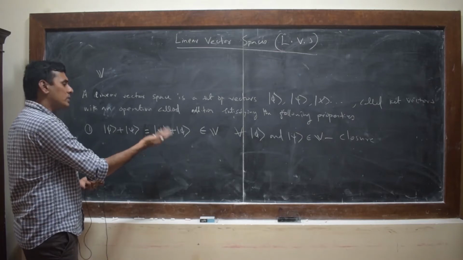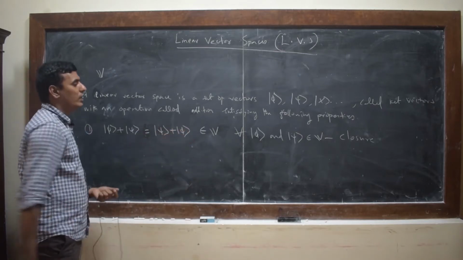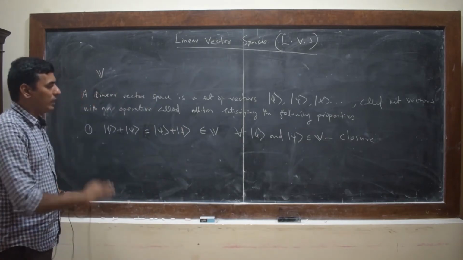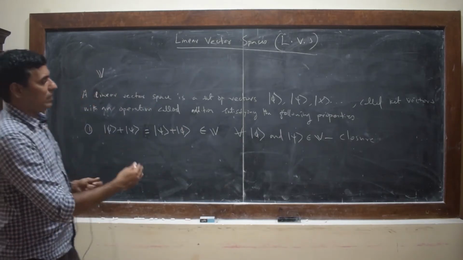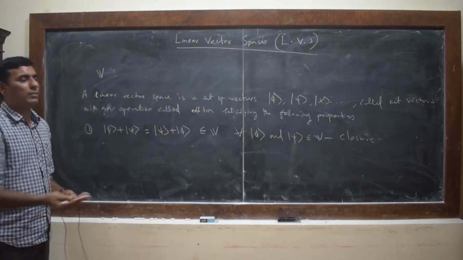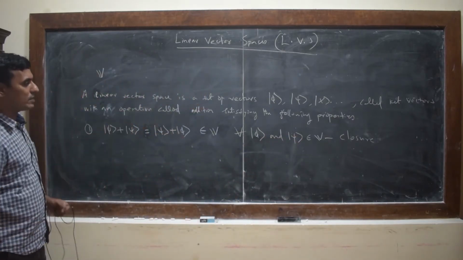I'll repeat that: if phi and psi are members of the vector space, then phi plus psi should also be a member of the vector space. This property is known as the closure property.